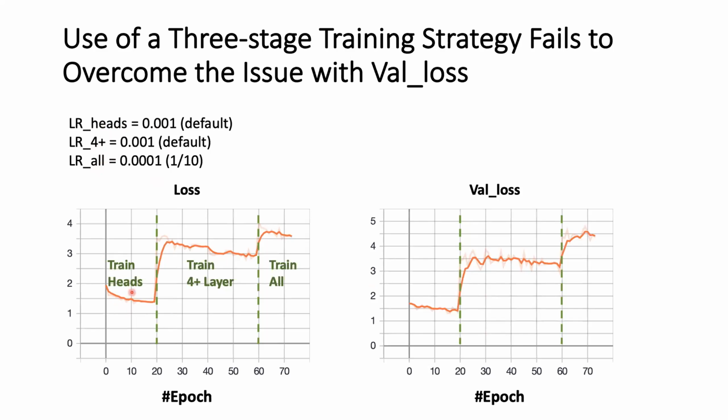However, when we switch from head training to 4+ layer training, we have an increase in error. And when we switch from 4+ layer training to all layer training, we have another increase in error. That's not what we want. Actually, this just worsens the outcome. And it looks like the more complex we made our model, the worse validation loss we got.